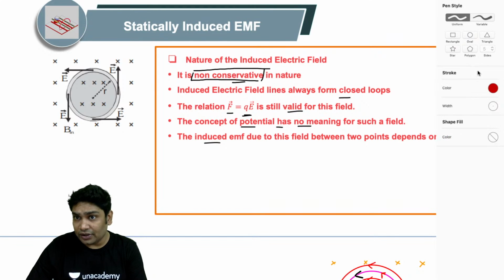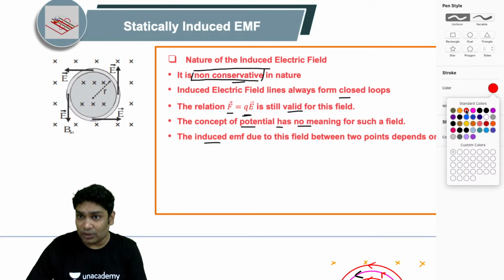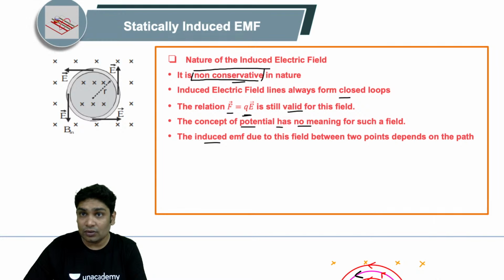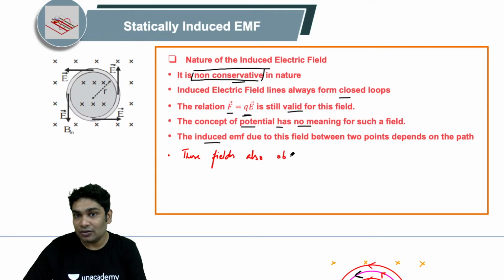First of all, I wanted to tell you that this also follows Gauss law, by the way. Even these field lines follow or obey Gauss law. Okay, I think that's also worth mentioning. These fields also obey Gauss law.